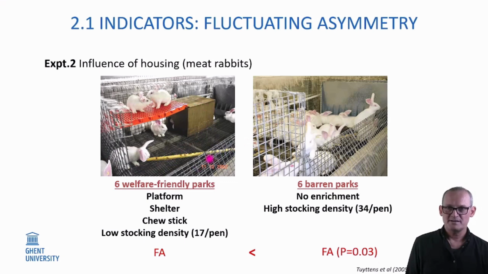And they were housed there in a lower stocking density with only 17 animals in the pen. Whereas in the more stressful housing conditions, there was no enrichment and there was a high stocking density of double the number of animals in the pen. Again, in line with the prediction, the amount of fluctuating asymmetry was lower in the animal-friendly pens compared to the barren pens.